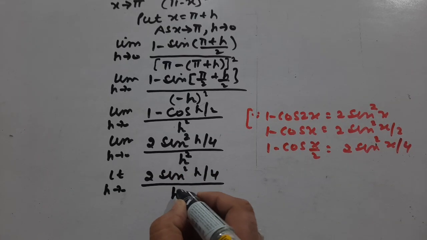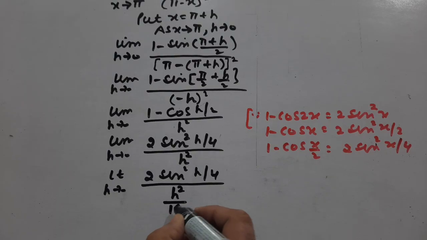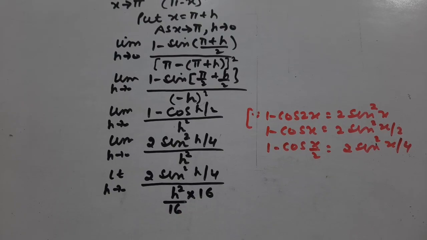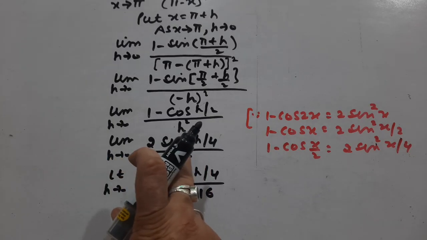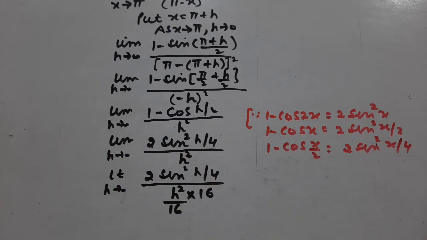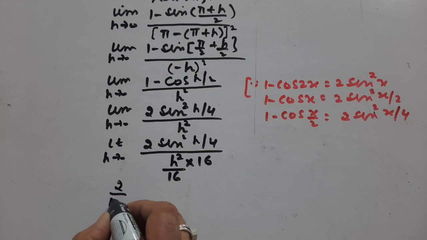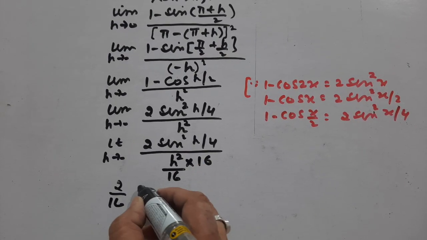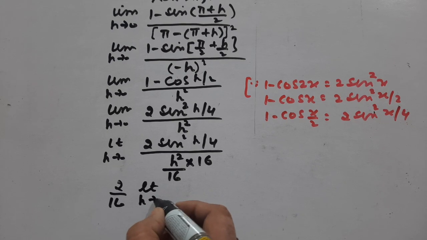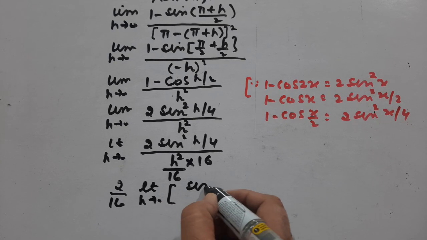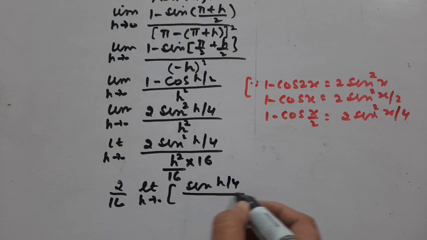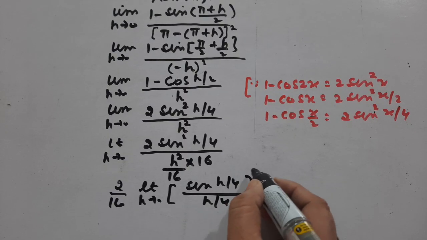So we have h square but we do not have 16, so multiply and divide by 16, like this. Since h by 4 is squared, the square of h by 4 is h square upon 16, so we have to make that in the denominator. Now we can write it like this: 2 upon 16 outside, and sine of h by 4 upon h by 4 its whole square.